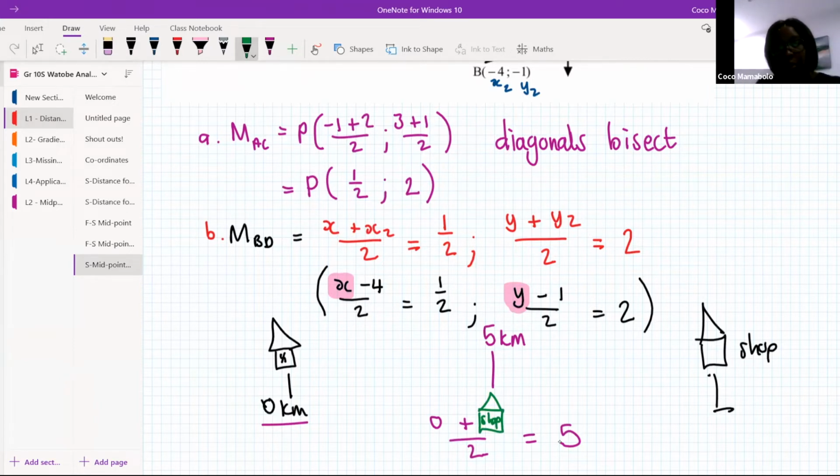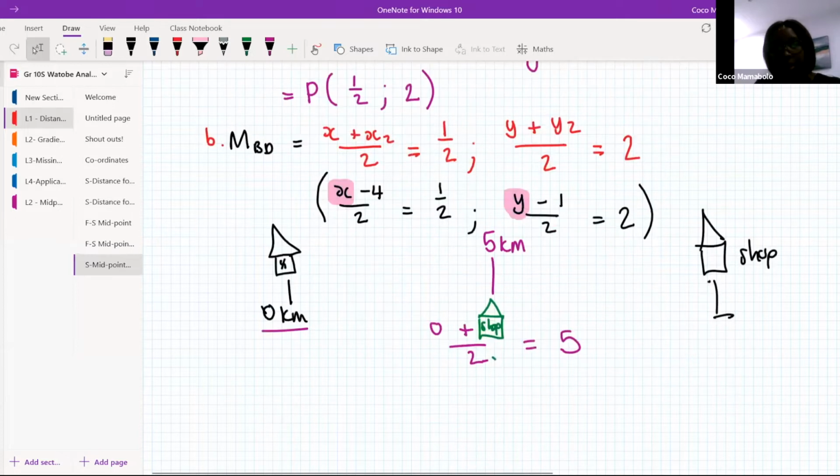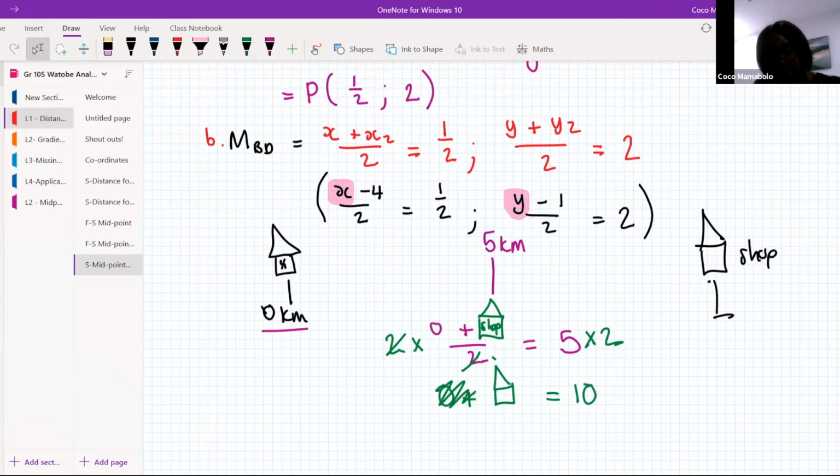In this case, what I would do is I would then multiply to get rid of divided by 2. Multiply this side by 2 and multiply this side by 2 because these two will cancel. Then I'll have 0 plus shop is equal to 5 times 2 will give me 10. And then 0 just goes away because it's 0. So the shop is actually 10 kilometers away from the house.